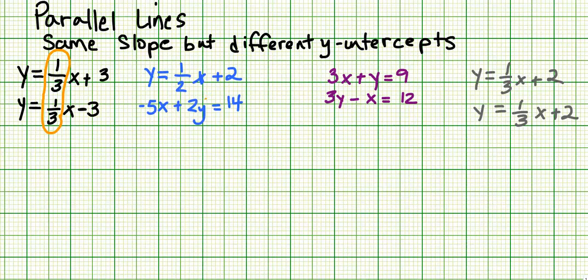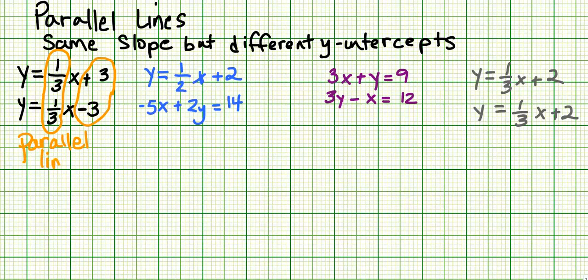And sometimes I do the same thing myself and I have to remember, yeah, but we also have to check the y-intercepts. As long as the y-intercepts are different, then we're in good shape and we would have parallel lines. Now the y-intercepts here, one's a +3, one's a -3. Those values are not exactly the same, so that tells me that yes, these lines are parallel. Okay, so parallel lines.